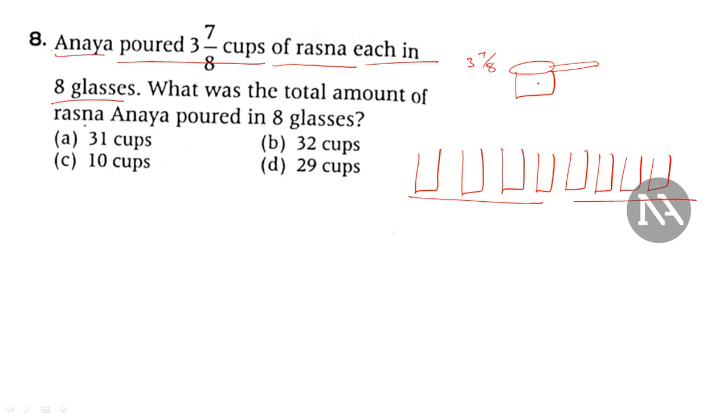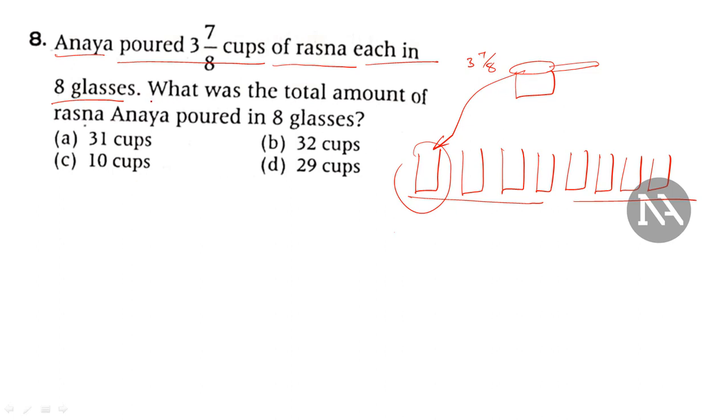Using this cup, she pours 3 7/8 cups. Each glass takes 3 full cups, and finally she pours 7/8 of the 4th cup, right? So each glass takes 3 7/8 cups of rasna.